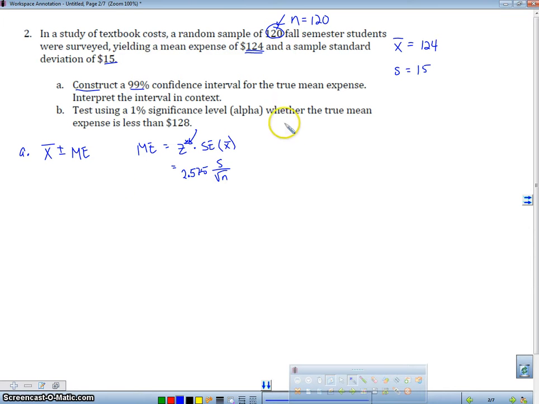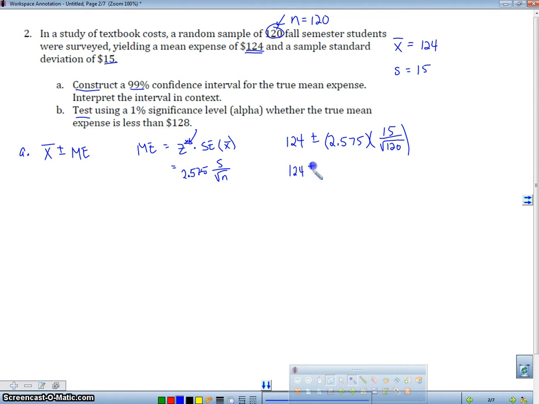So x bar is 124 plus or minus z star, which was 2.575, times s, which was 15, over the square root of n, 120. Now, don't forget that we need to have our conditions for inference, and I'll do that for B because it's a hypothesis test, and I want to write all those parts out for you. Right now, we'll just do the work for the confidence interval.